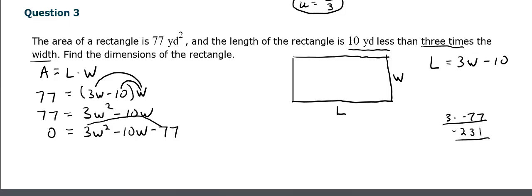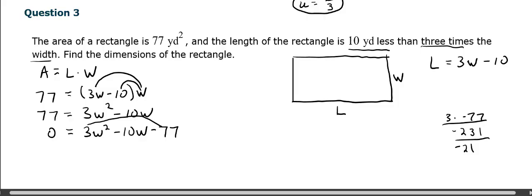So we're looking for the factors of negative 231 that add to a negative 10. And that would be negative 21 and positive 11.